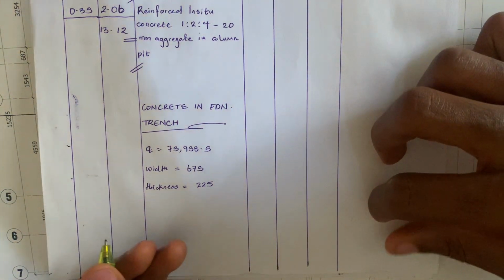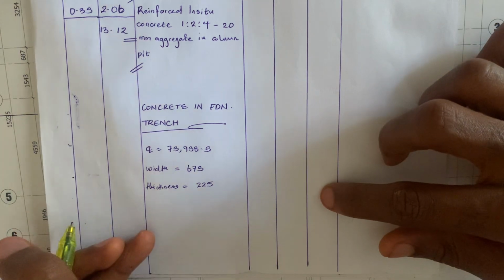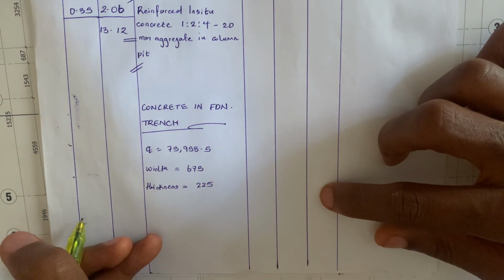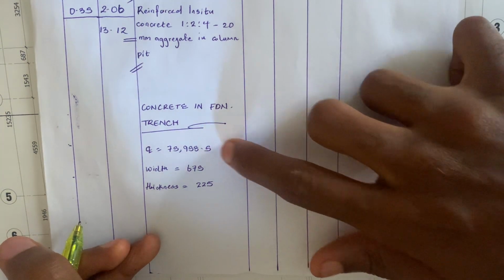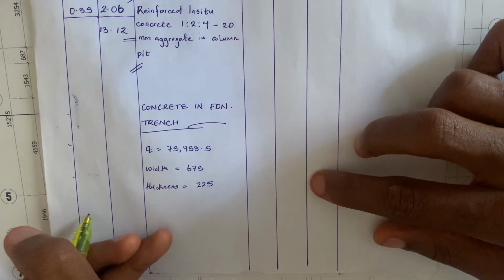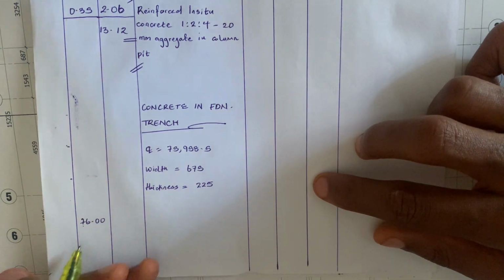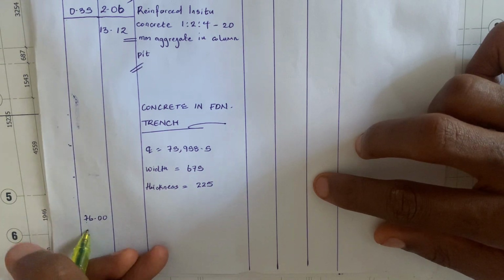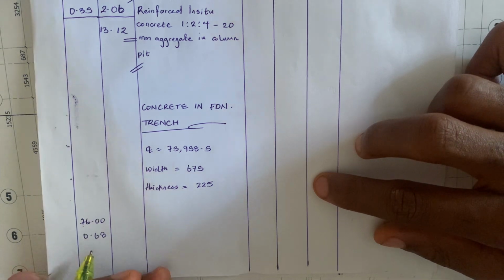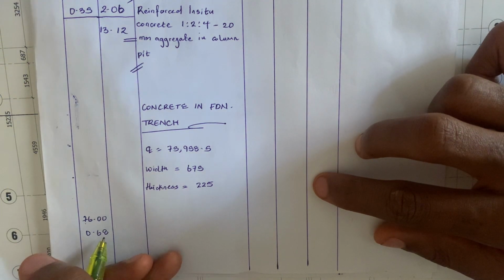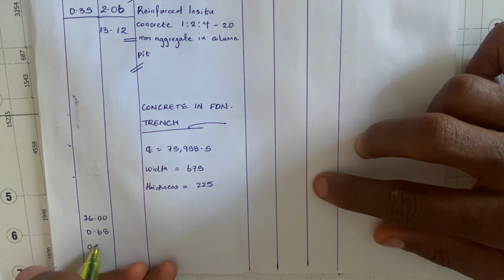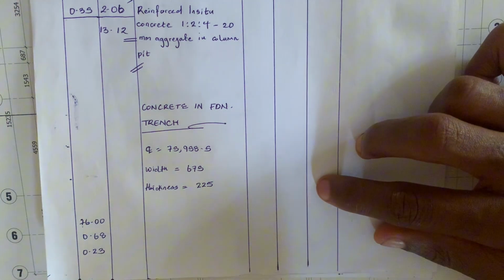So all we're going to be doing now is to book. To book, we have to convert everything to meters. So the total length will be 76.00. The width of the foundation will be 0.68, and the thickness of the foundation will be 0.23.